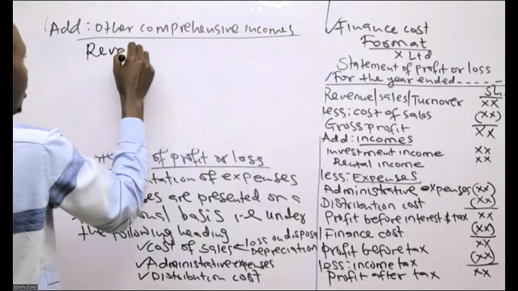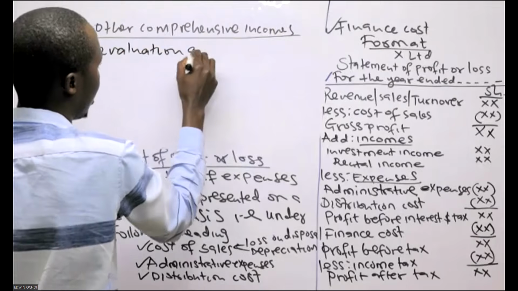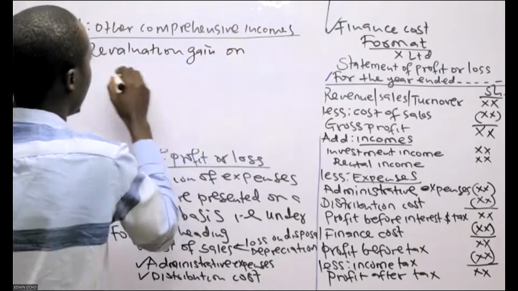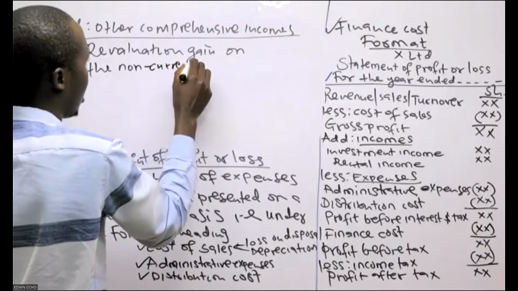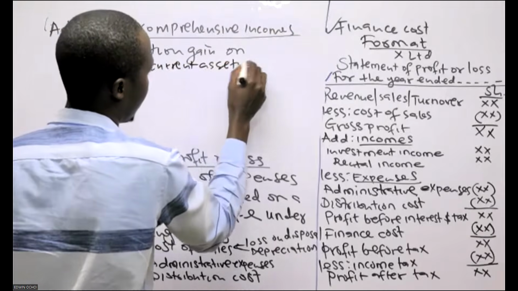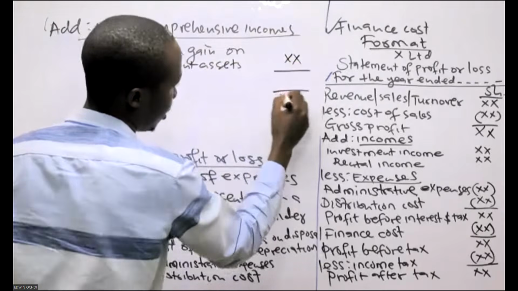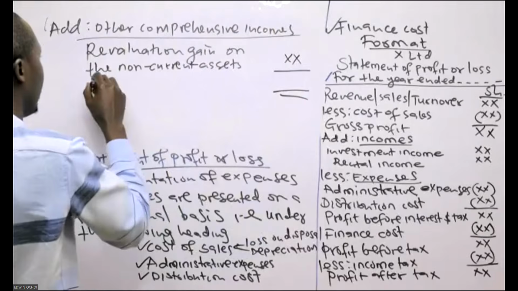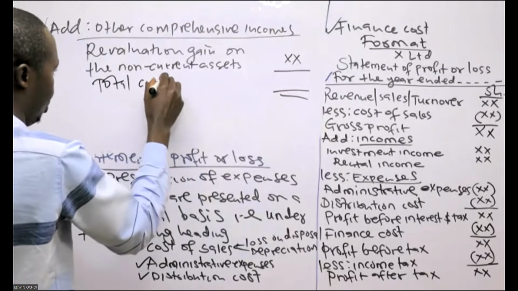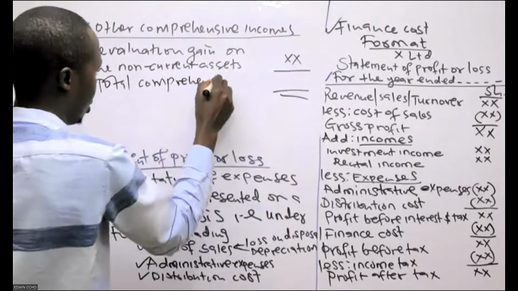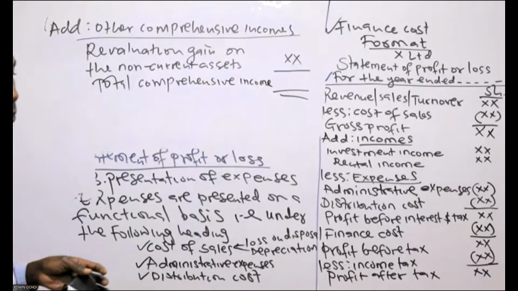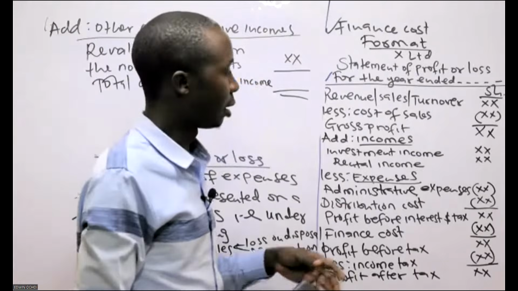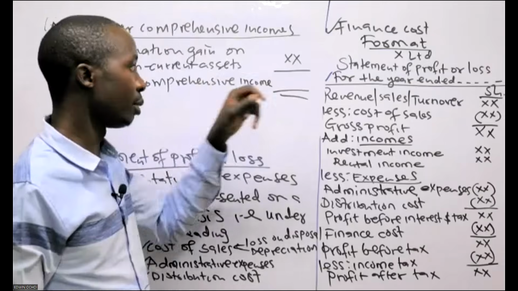Mostly you will find that there is a revaluation gain on the non-current assets. You add it to your profit after tax so that you get your total comprehensive income. So that is the first published statement, the statement of profit or loss.